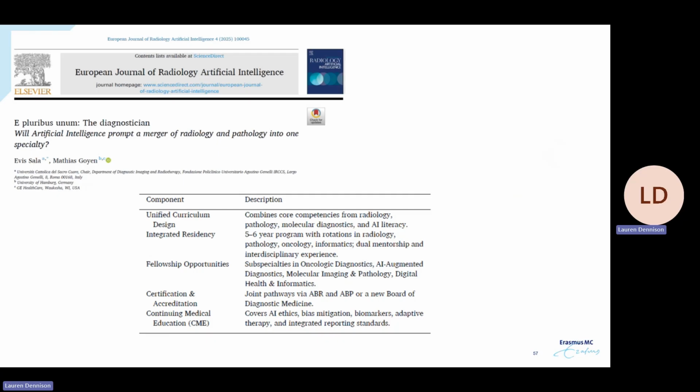Perhaps we need to think about having a combined curriculum because we do look at the same structures with these different modalities, and actually also mix in a little bit of AI while you're at it, and then come to a common certification for these radiopathologists or pathoradiologists, whatever you want to call them.